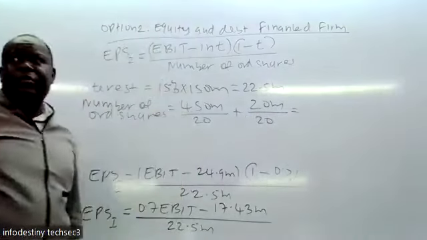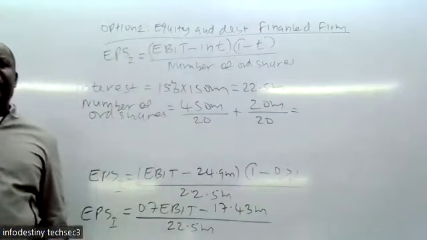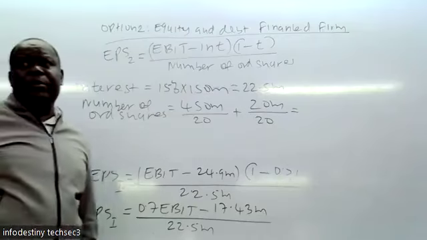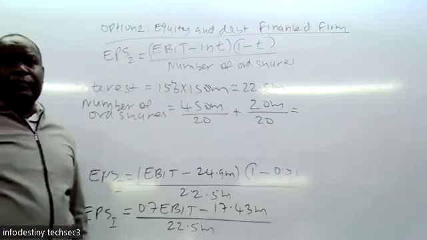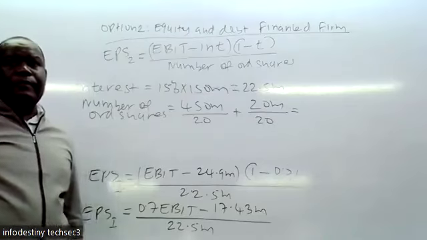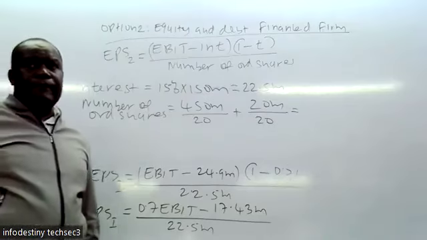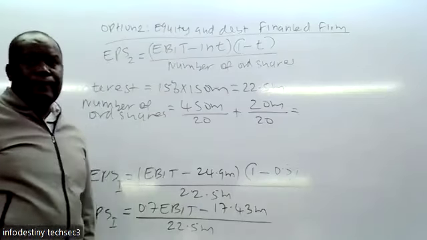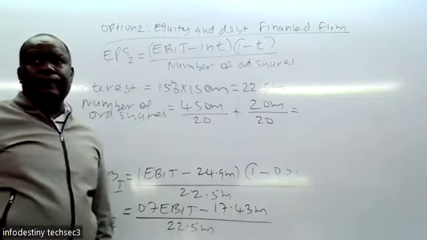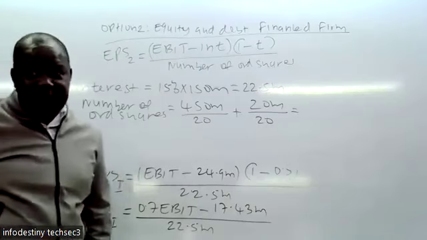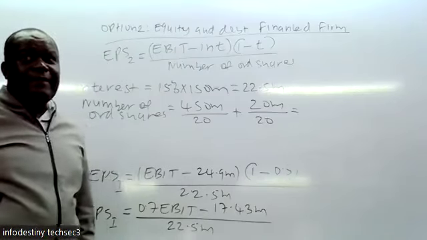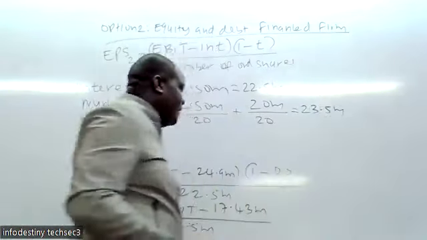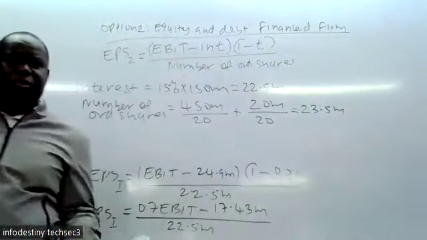That will give us the total number of ordinary shares when we are using option 2. So that gives us 23.5.